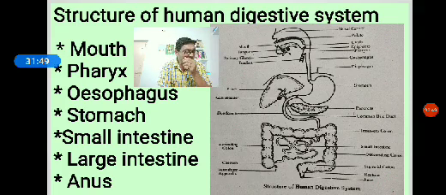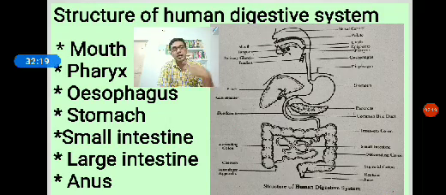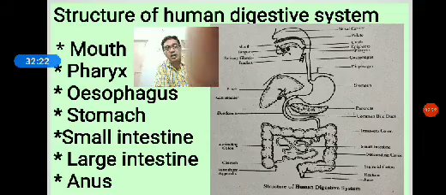The large intestine reabsorbs the excess water and other essential substances from the undigested food. Finally, it passes the undigested food into the rectum, the storehouse of undigested food for some duration. Finally, from the rectum, the undigested food goes outside the body through the opening called the anus. Okay, next class we are going to study the remaining things.